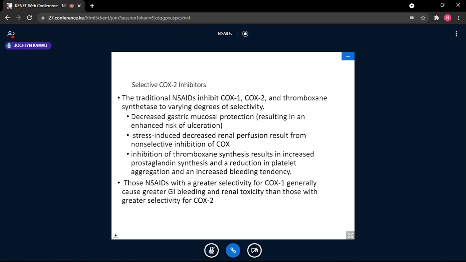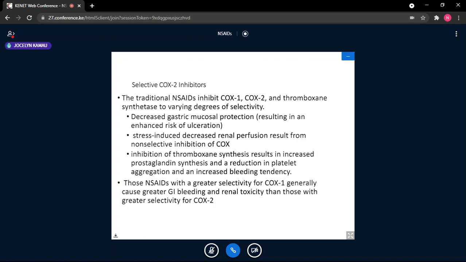Call them the coxibs. Remember, we did mention, if we are going to have selective COX-2 inhibitors, remembering that COX-2 is the inducible enzyme. It is induced when you have inflammation, when you have an injury. We did mention that there is a small structural difference between COX-2 and COX-1.